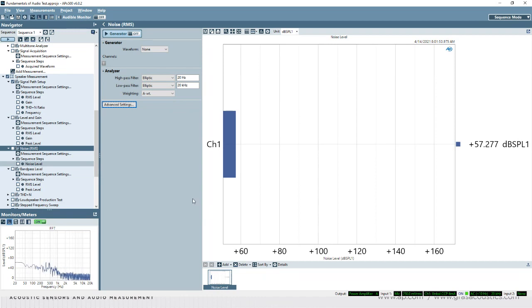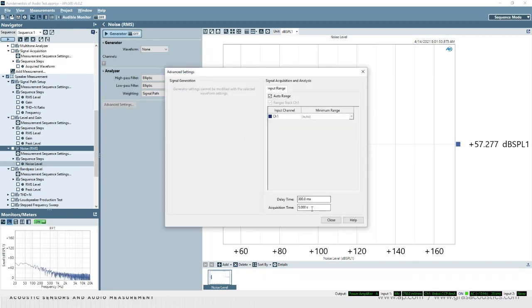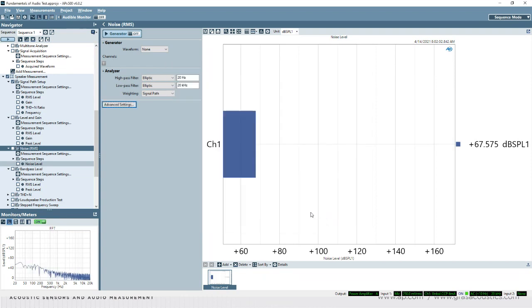So for example, in this room, if I say no weighting, we have an apparent ambient noise level of 67, 68 dBSPL. If I A-weight it, I'm trying to approximate how loud that would sound to a person. And you can see it's a little bit lower.